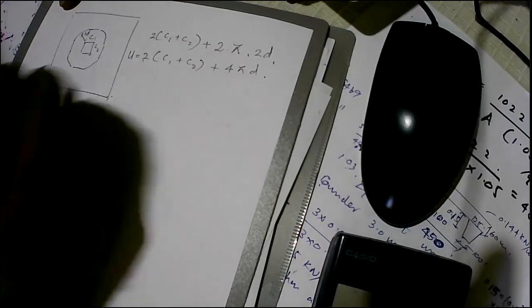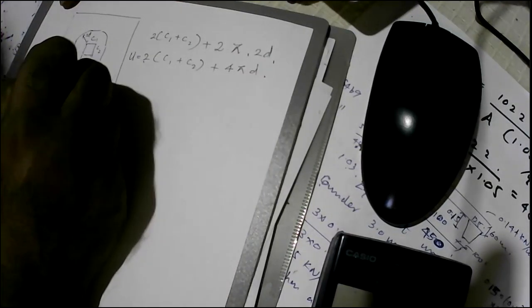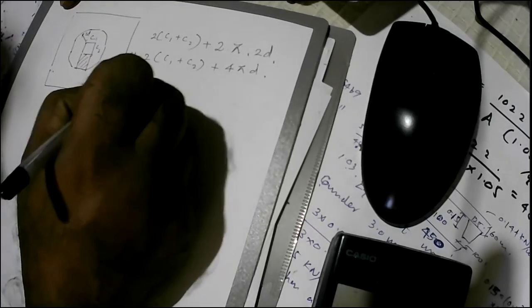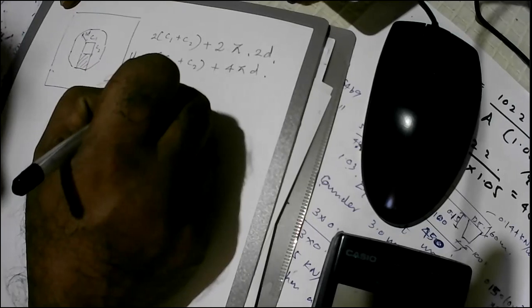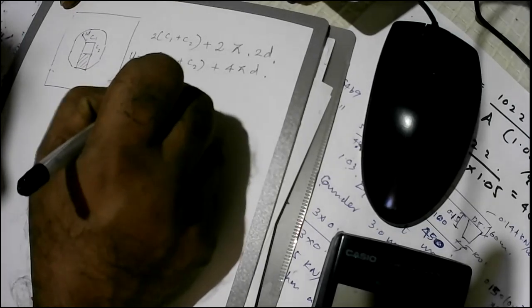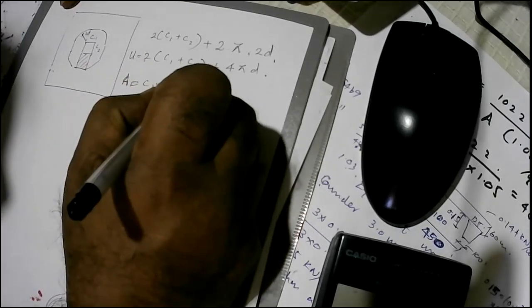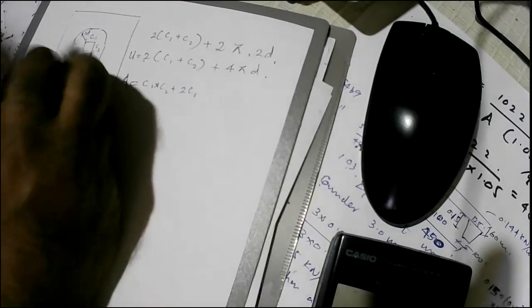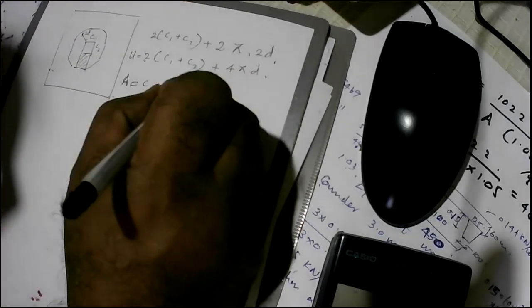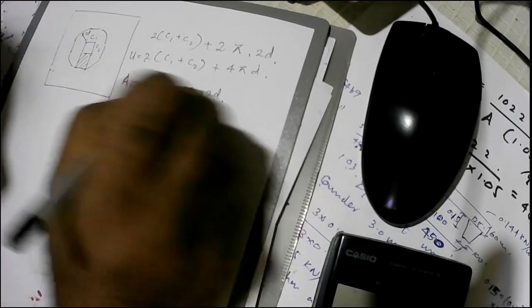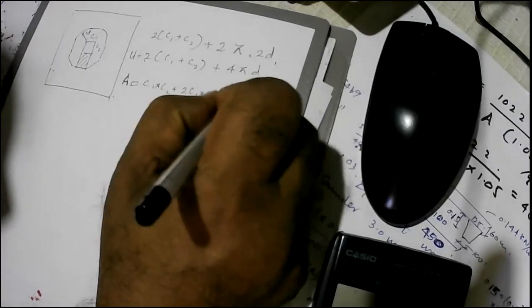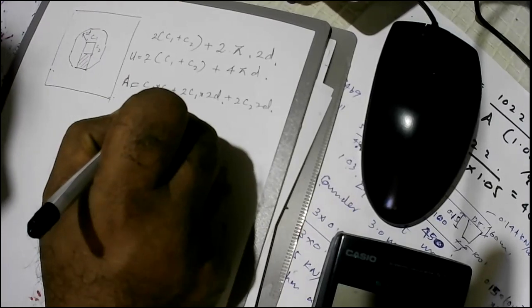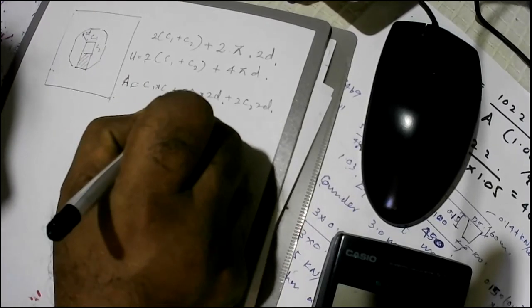Then to calculate the area, if you want, the area that you are interested in is C1 multiplied by C2, plus 2 C1 plus 2 multiplied by 2D, and two of them, plus 2 C2 2D, plus pi r squared, where r is 2D.